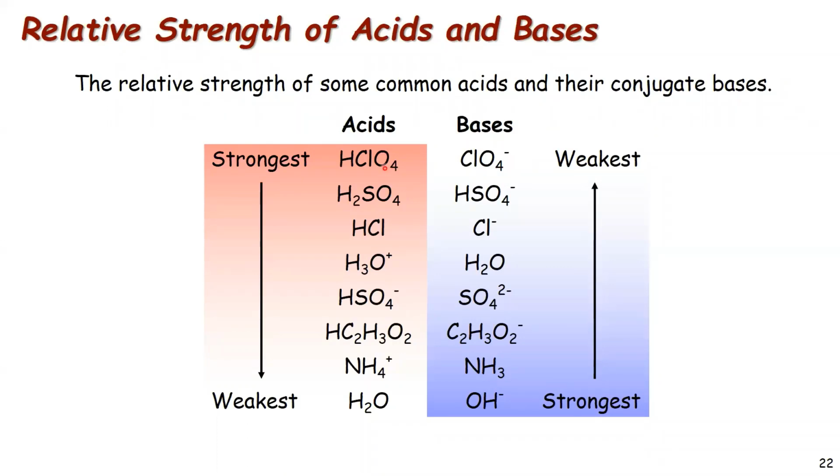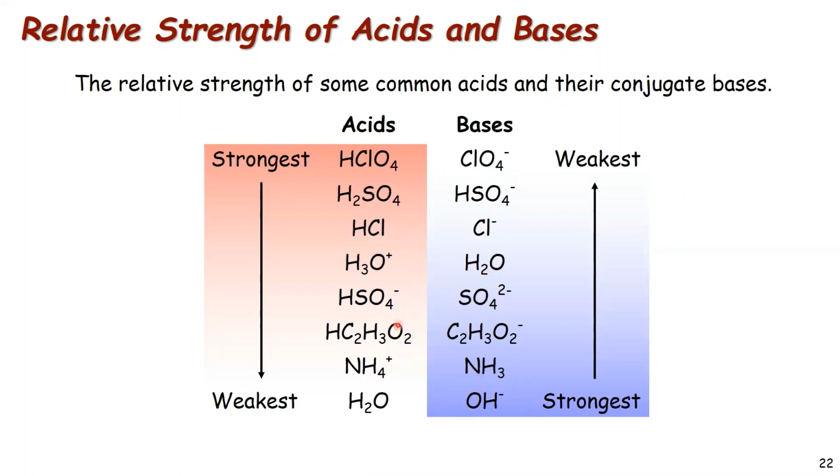So the stronger the acid, the weaker the conjugate base. You'll see that relationship the whole way down until we get to the strongest base, which is just OH minus. Those are our strong bases: the sodium, lithium, potassium, calcium, strontium, and barium hydroxides. So those were our strongest bases.